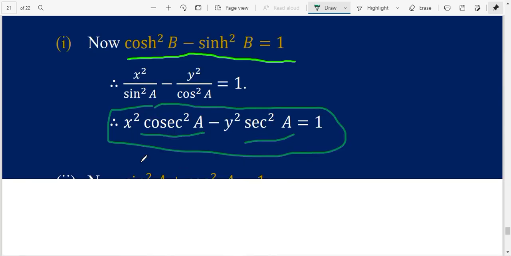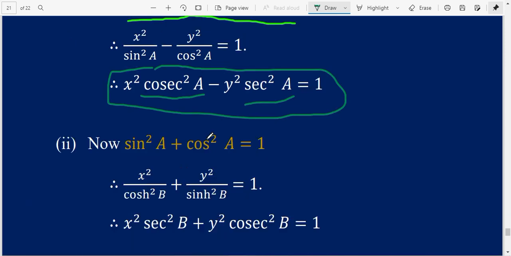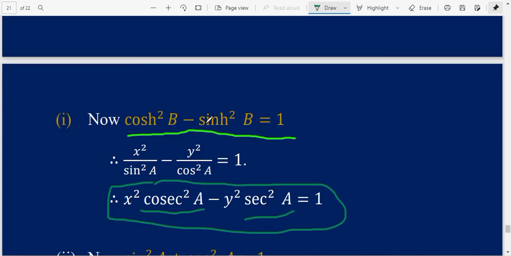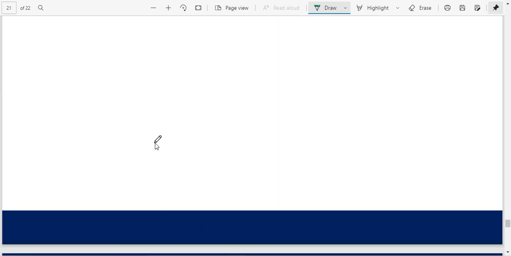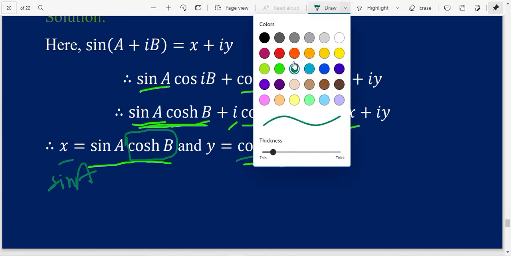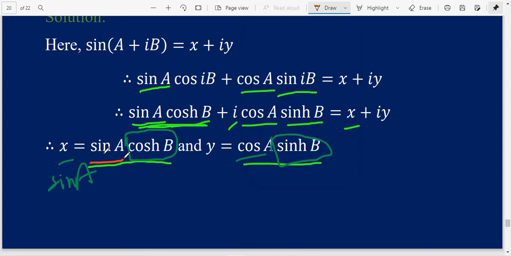Now second, sin square a plus cos square a is equal to 1. This is the identity of circular functions. Put the values: sin a is equal to x upon cosh b, and cos a is equal to y upon sinh b.